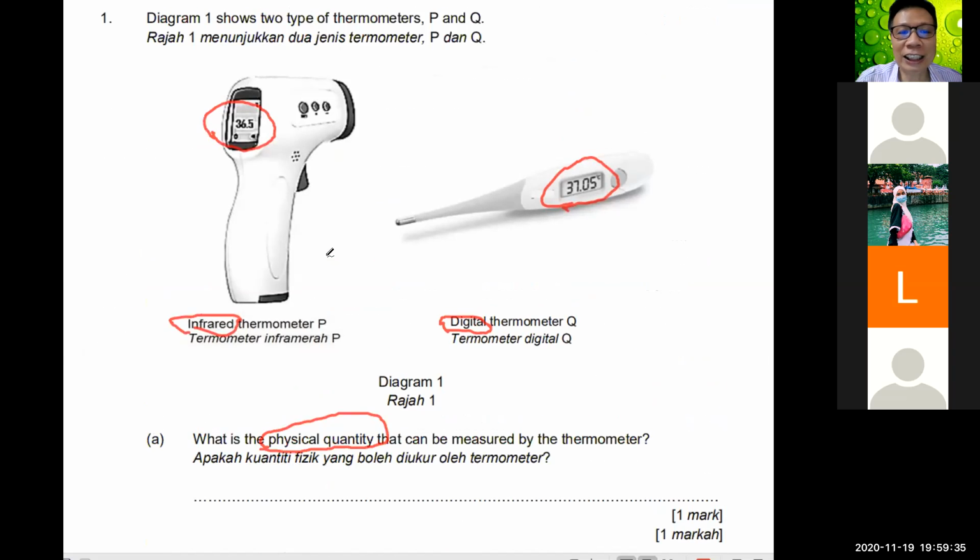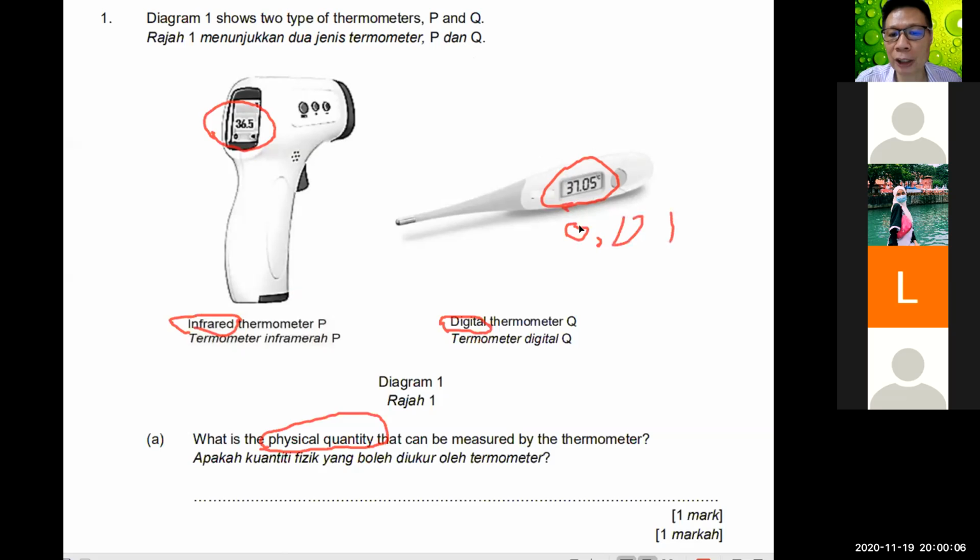Sensitive, you see like this. This one is 1 decimal, this one is 2 decimal places. 2 decimal places mean it can give a more accurate answer and measure a smaller division. In terms of sensitivity, this one is more sensitive because it can measure up to 0.01.